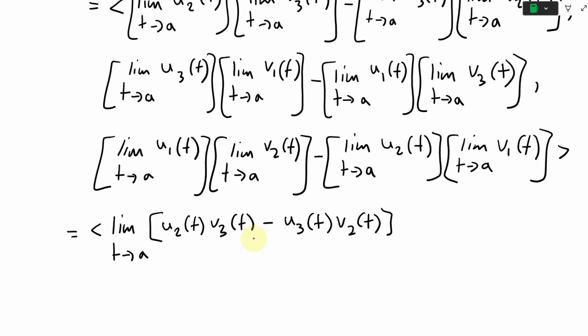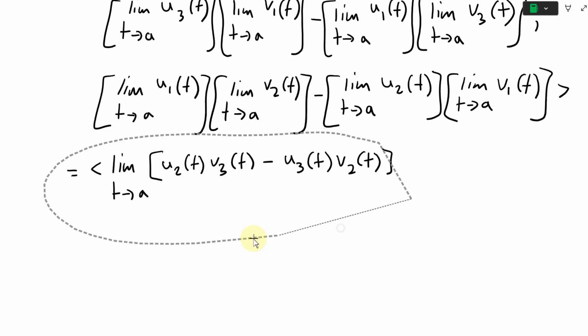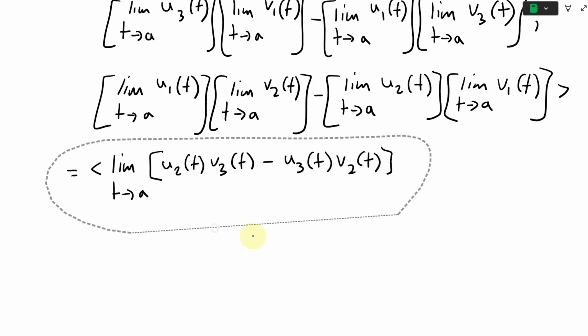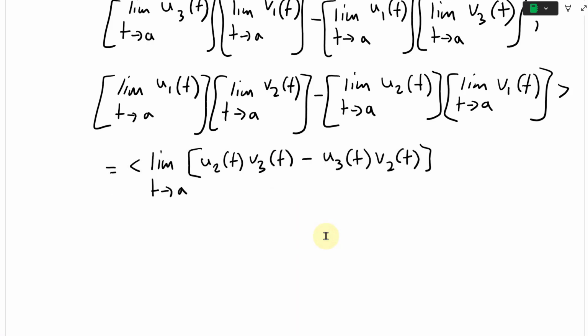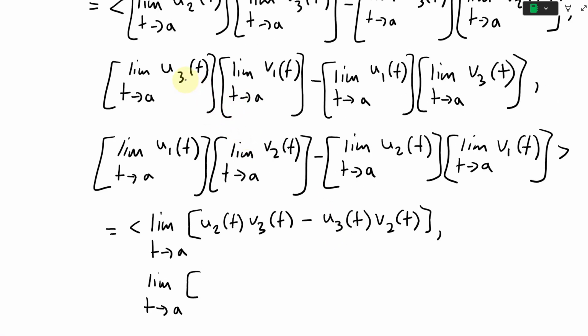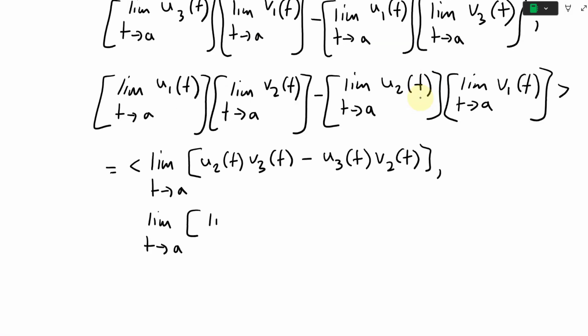Alright. So that's this one here, and I'm going to move this over right here, just so it's all in two lines, we don't need to go one line. This equals like this, and then put a comma, and the next one's going to be limit t approaches a of, now this middle one is going to be u3 v1 and then u1 v3.